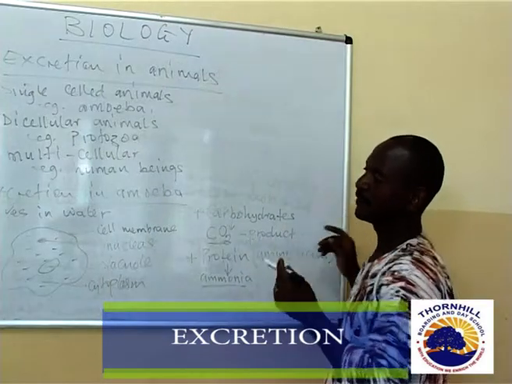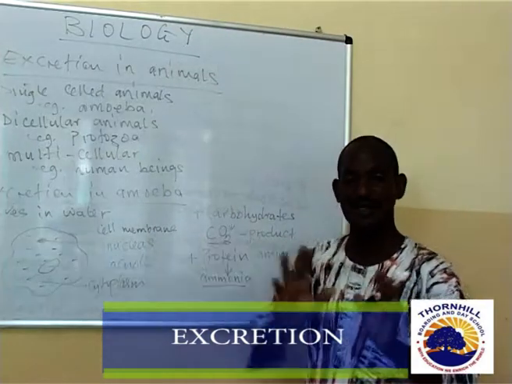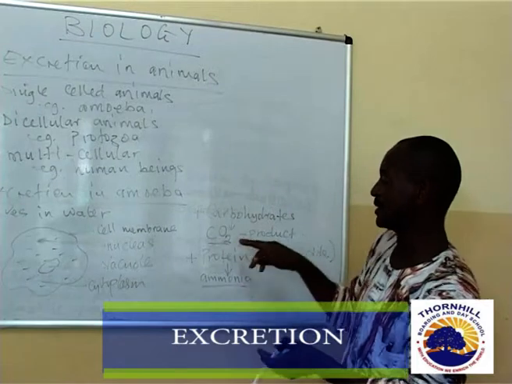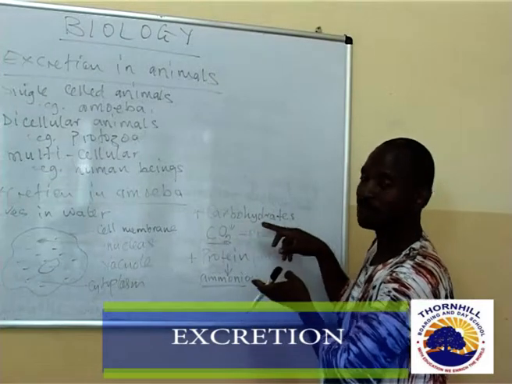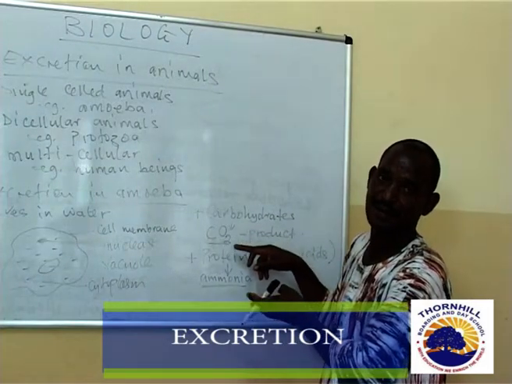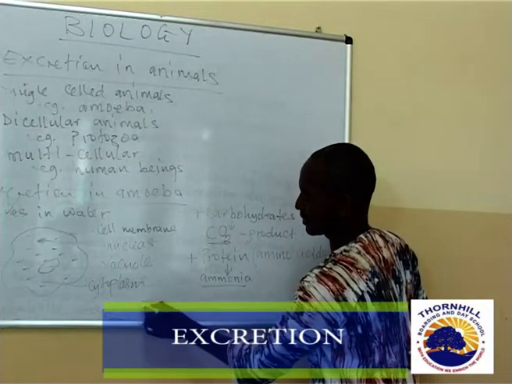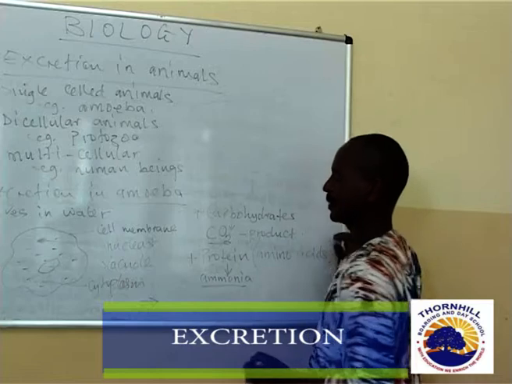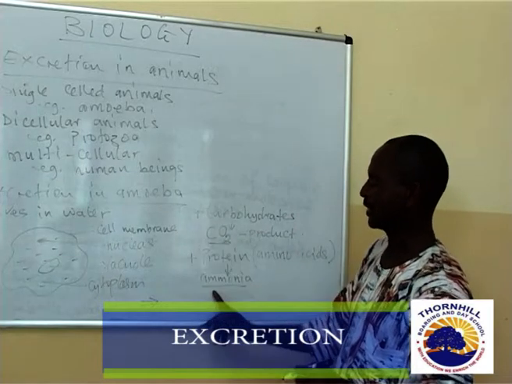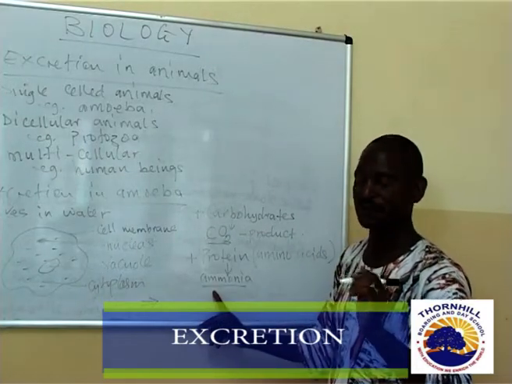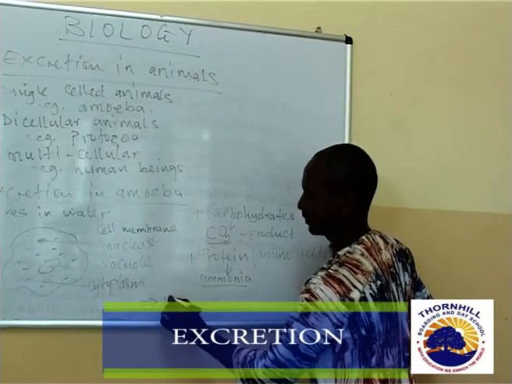Now, it's very simple since it's a single-celled animal. These are gaseous products. The amoeba is going to excrete these waste products in gaseous form by diffusion.